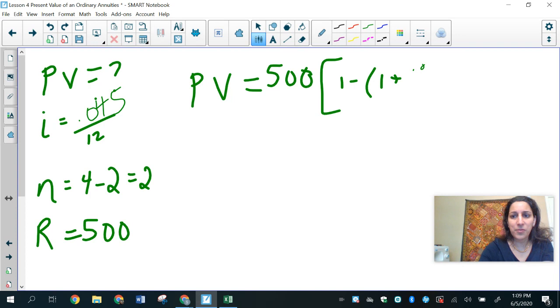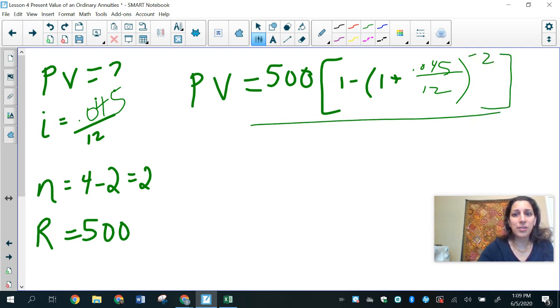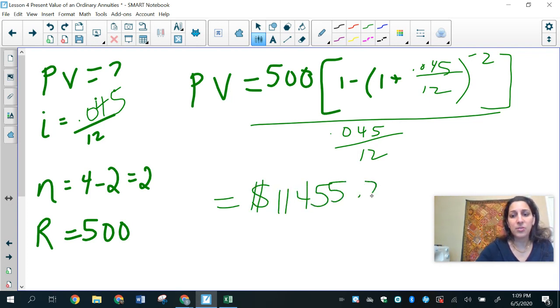Okay, 0.045 divided by 12, and then change it to negative. In this case, I'm making it 2, and then I'm going to close the bracket. Okay, so plug all those numbers into your calculator, and you should get $11,455.32. Okay, so double check that you got the same number.